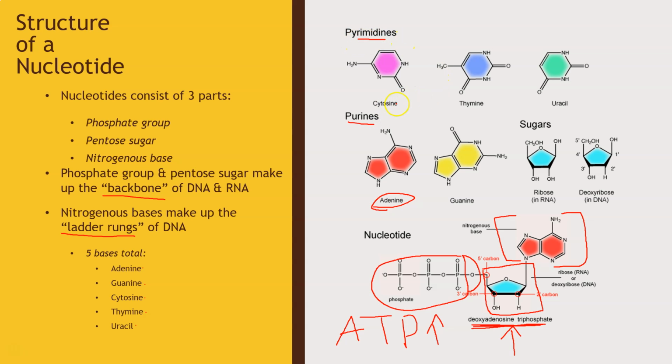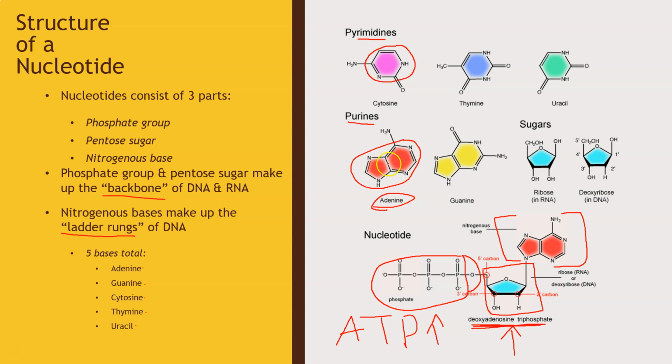Okay, cytosine, thymine, and uracil are all pyrimidines because they have a single ring structure. Purines, on the other hand, have a 2-ring structure. When we say rings, we're talking about these carbons and nitrogens that are in a somewhat circular shape.